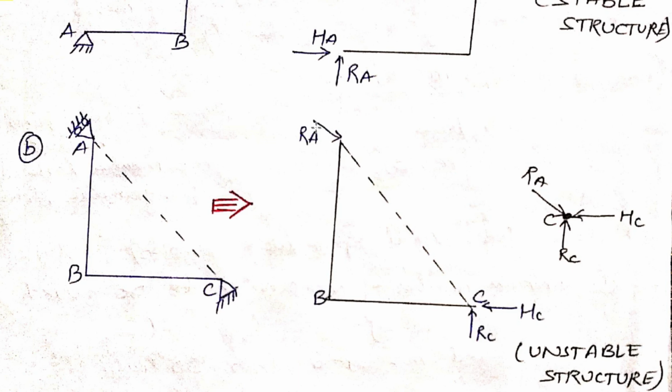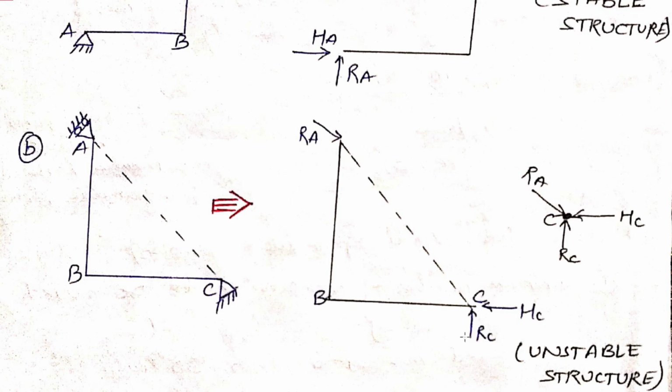normal to this support. So this is your RA point, and I show here a close zoom effect. If I'm considering this point C, you can see here this is your reaction RA which is acting here. Okay, and this is your horizontal reaction at C, this is HC, and this is your RC.